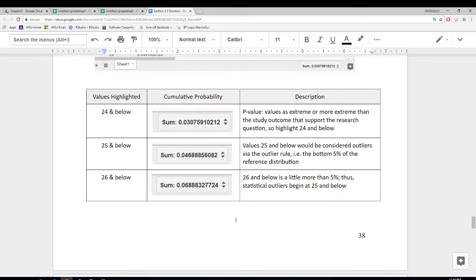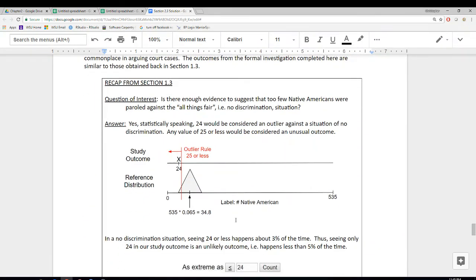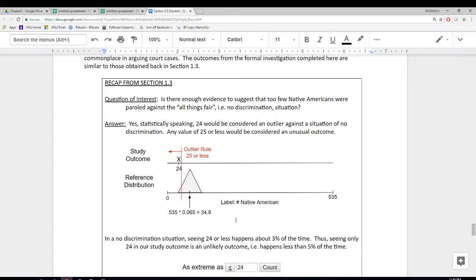So when I use the more formal mathematical model for determining a cutoff, 25 is indeed the cutoff value for when I start to believe I'm an outlier. Again, that contains the bottom 5% of the reference distribution. So what we did here with the formalities actually agrees with what we did informally back in Section 1.3.